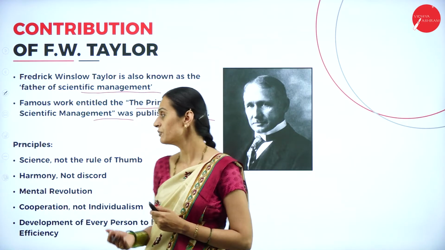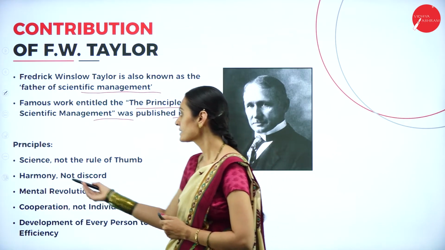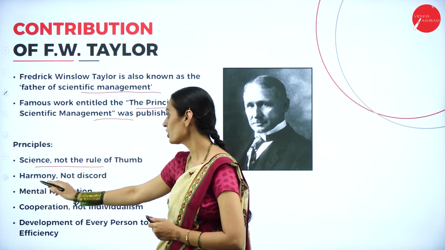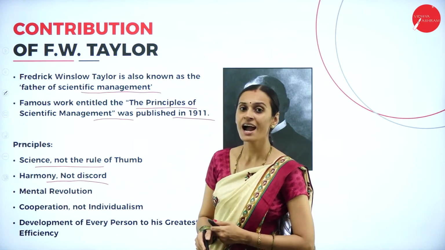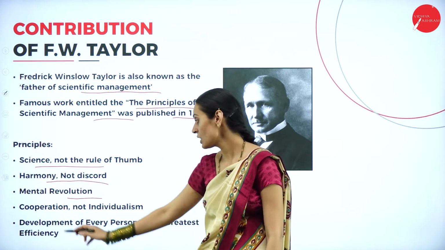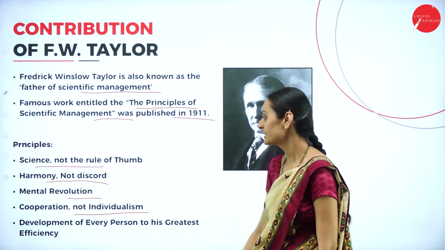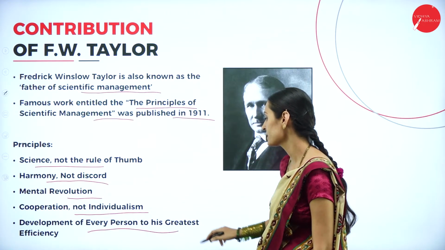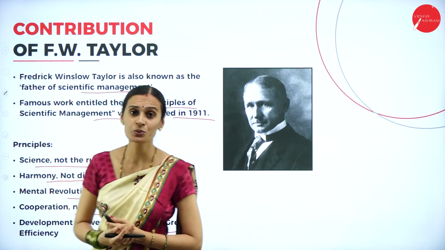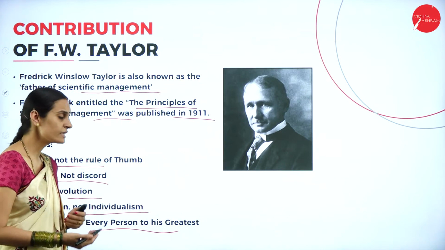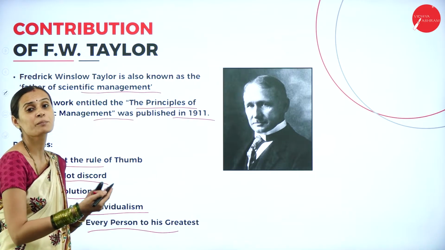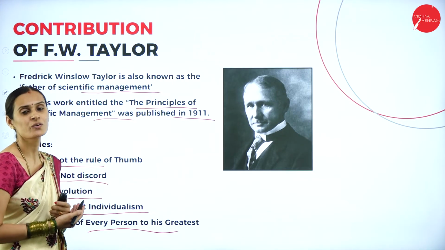Yes, he gave different principles. One is science, not rule of thumb; second is harmony, not discord; mental revolution and cooperation, not individualism; and development of every person to his greatest efficiency. What do we mean by science, not rule of thumb? Increasing the efficiency of organizations by scientific methods, not rule of thumb.